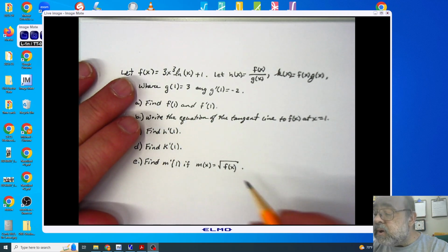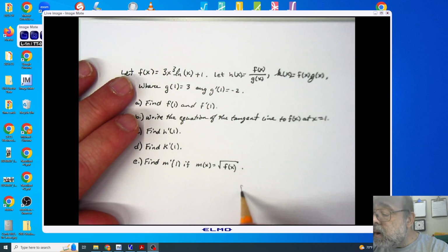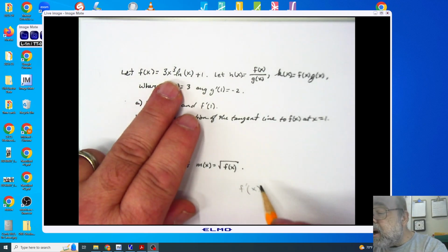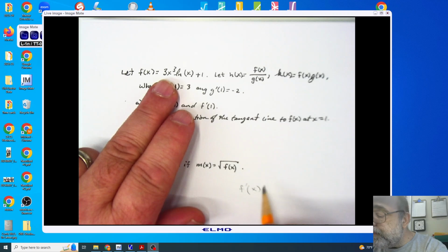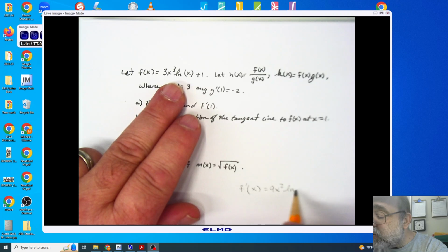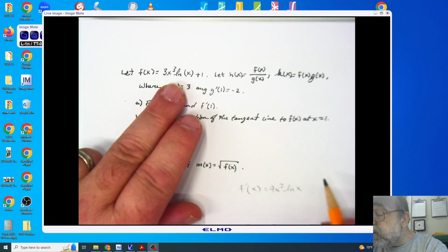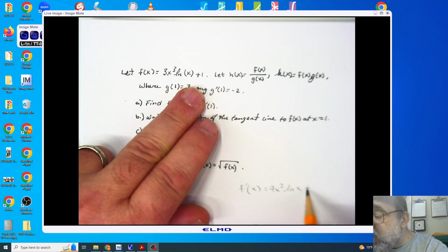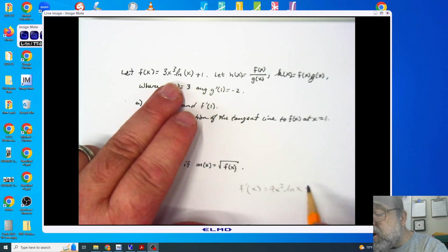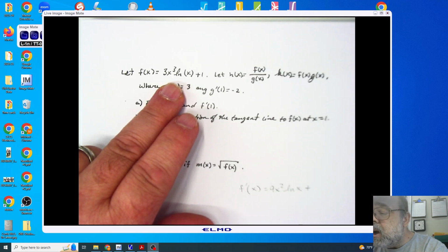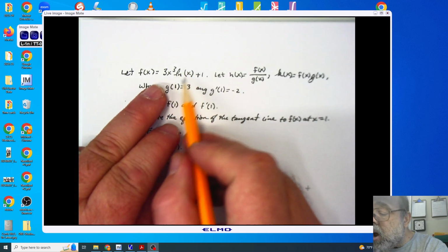Now when we use our derivative, if you recall, we're going to start by taking the first piece, and I can see that it's got a product rule. So I'm looking at 9x squared times the natural log of x. The 1 is going to go to 0, but I have to worry about that product rule first, so don't just jump to the 0. Start and look at the natural log next.